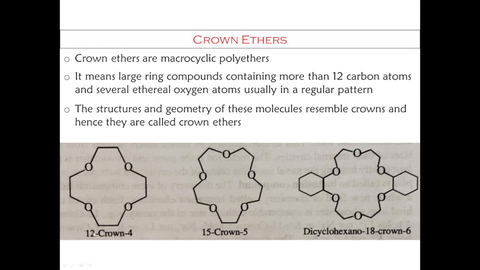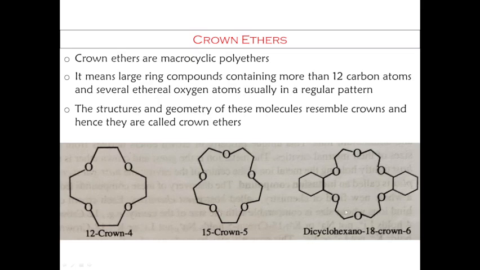This is the total number of atoms present in the molecule, followed by a hyphen, and then we put the word crown, and then a hyphen, and then the number of oxygen atoms present, 4. Here this is 15, we can count 1, 2, 3, up to 15, then crown, and the number of oxygen atoms, 5.